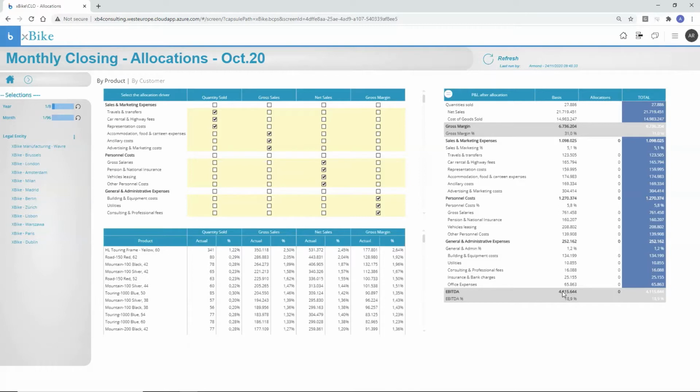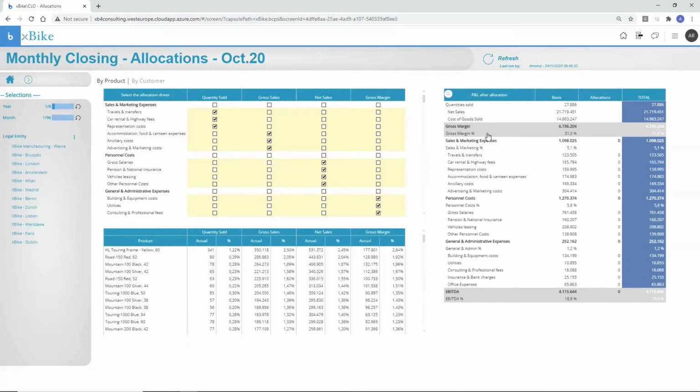Now, to do that kind of allocations, in general, there are two ways. The first one is the most traditional cost allocation method, which is based on drivers such as the quantities, the sales, the gross margin, the top part of my P&L.